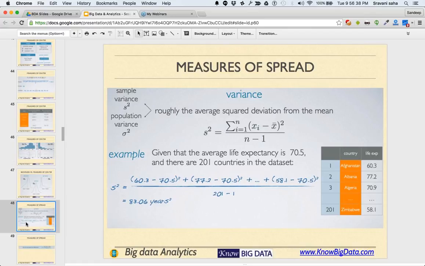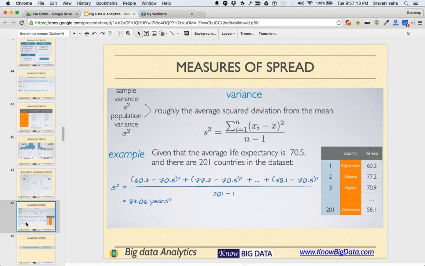Now another thing which we want to discuss is the measurement of the spread. Spread means how our data is spread across. Is it very close to each other or is the data very much varying? For example, in a class, are the marks of the students varying too much, or are they very close to each other?